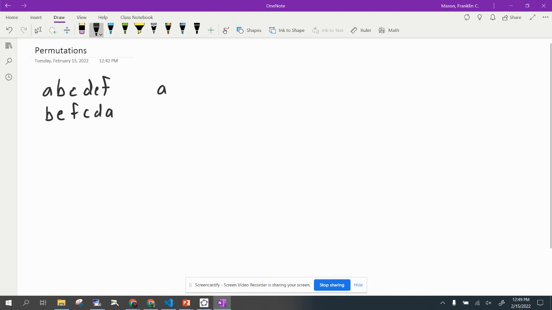Notice that B after the permutation occupies the position that was occupied by A. So let's say it like this: A maps to B. You can see that first A and then directly below B. And then B maps to E, and then C maps to, this is simple stuff, right? What does C map to? F, and then D maps to C, and then E maps to D, and then finally F maps to A.